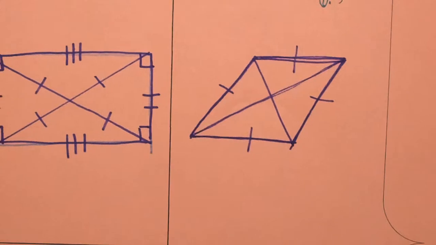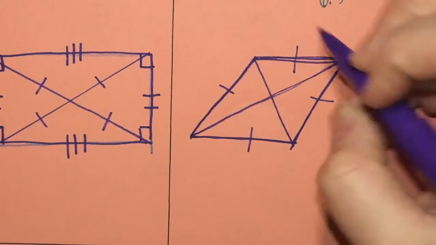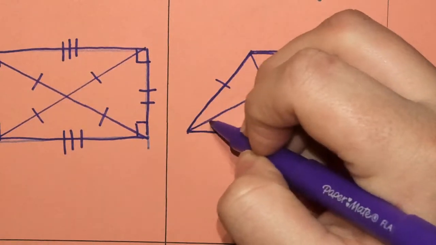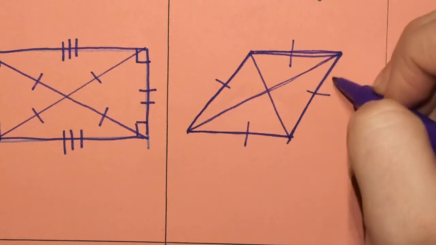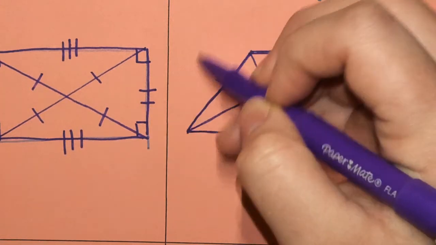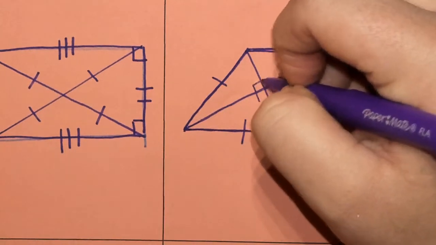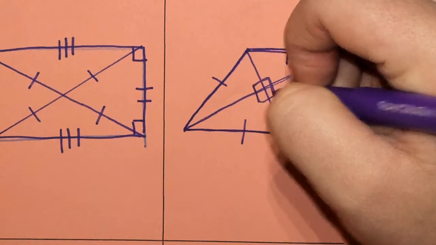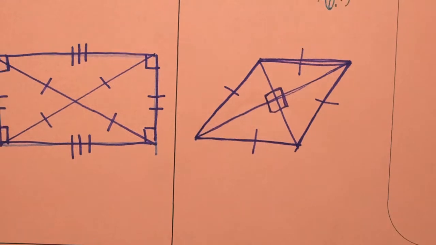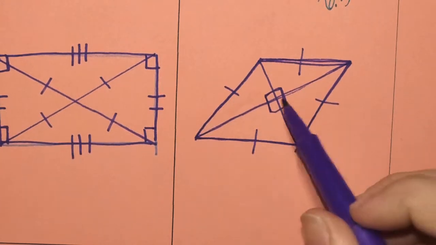So, we have the thing about a rhombus. These are not 90 degrees, obviously, because they're slanted. If they were 90, they'd just go up and down. But the 90 degrees does take place in the middle. So the middle are all 90 degrees. All four of those, 90 degrees.